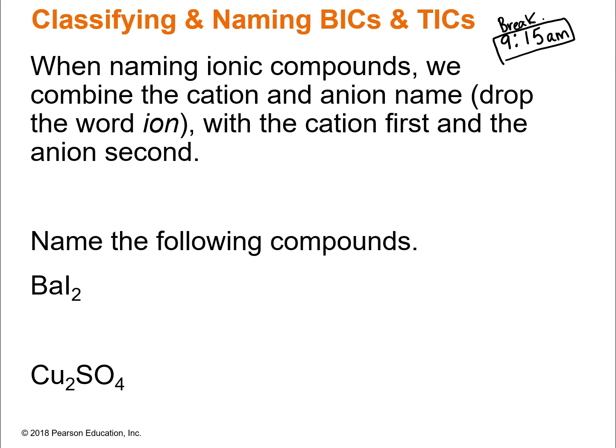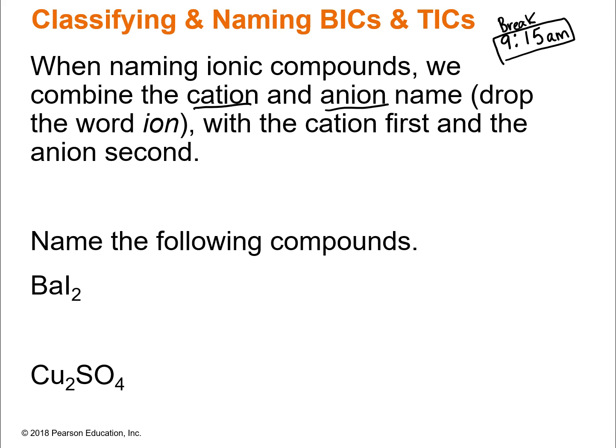We're going to talk about naming the ionic compounds first. So the binary and ternary ionic compounds. When you're naming an ionic compound, you're going to combine the cation name and the anion name. You're going to get rid of the word ion. The cation is always named first, followed by the anion.